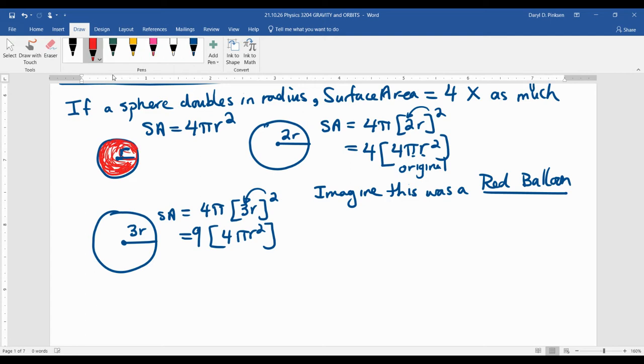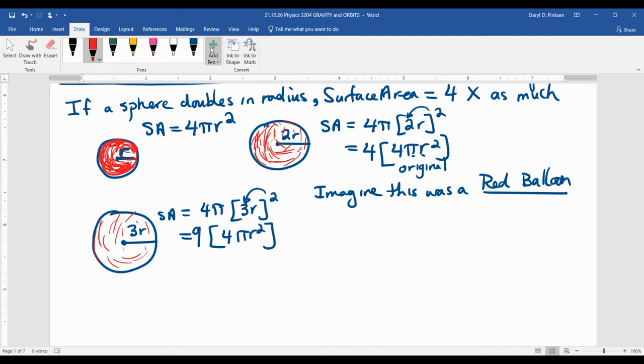But when you blow it up to twice as big, it's the exact same amount of red dye, but it's spread out over 4 times as much area. So now it's the exact same amount of red dye, but the color has been diluted. It's not nearly as red as it was before. It's kind of pink. And if you triple the radius, now it's still the exact same amount of red dye, but it's spread out over 9 times as much surface area.